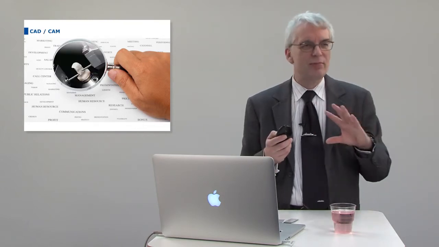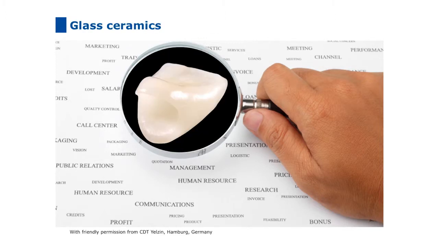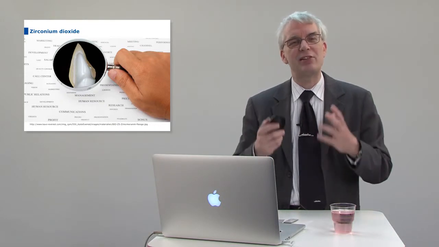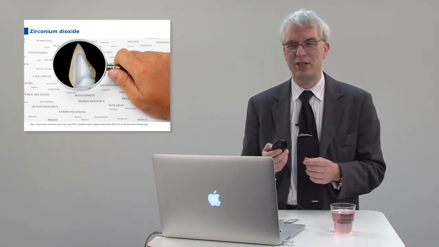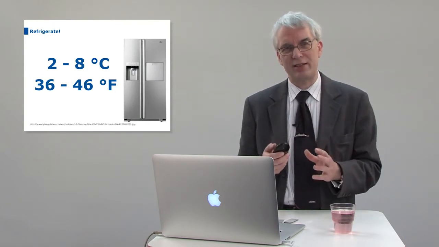You can use it naturally with metals, but the focus is on anything ceramic, like CAD-CAM, like glass ceramics, and especially zirconium dioxide, because as I pointed out, this is the one thing that PermaCem 2.0 really excels at: very good adhesion to zirconia.